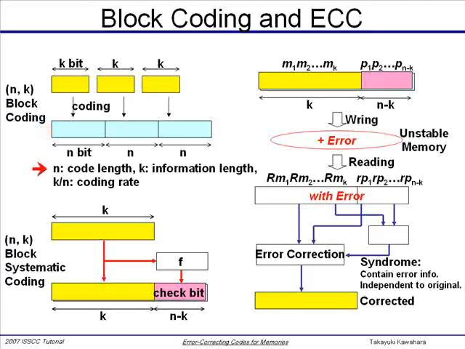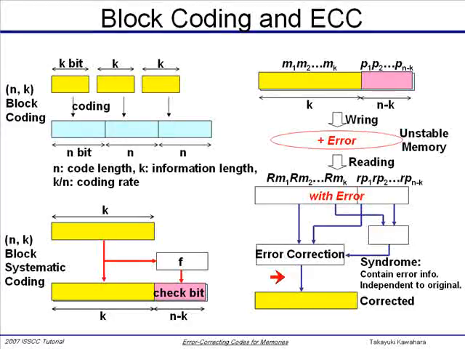The mechanism is that we create the check bits from the original data, simply added. This n-length word is written to the memory cell, but after that we read it out with error. So we create a syndrome, we make the error correction, and finally we can get the resulting data. Well done.